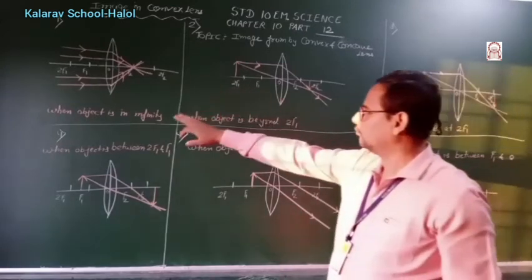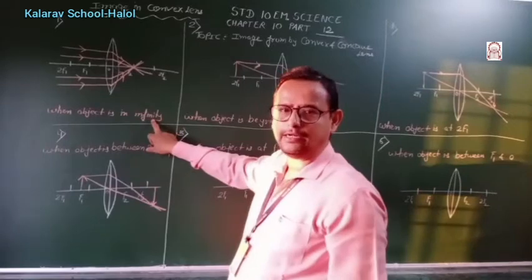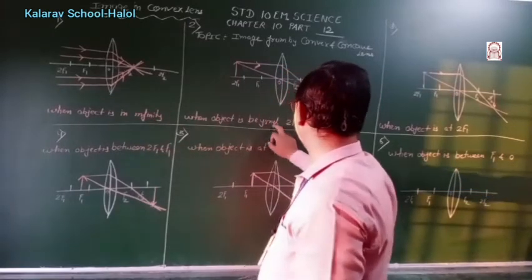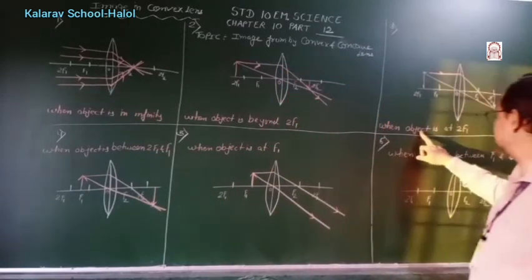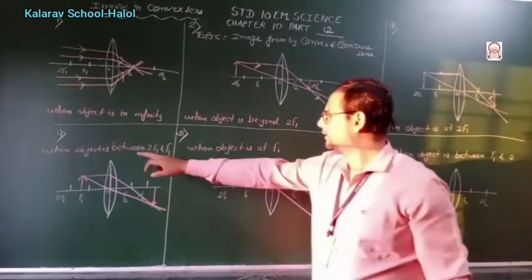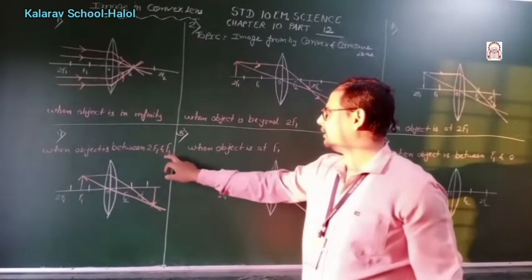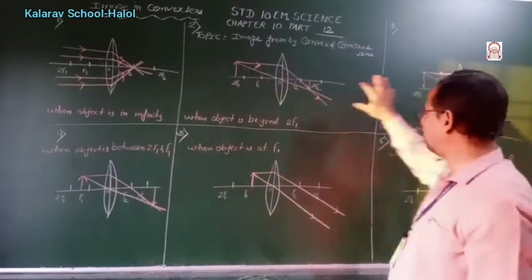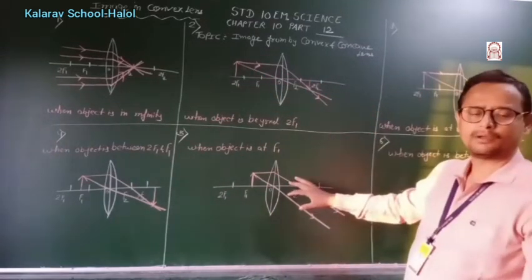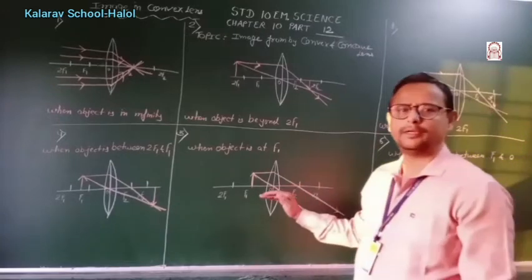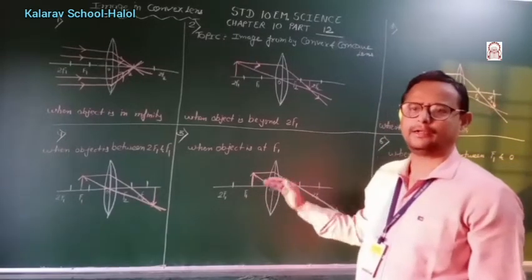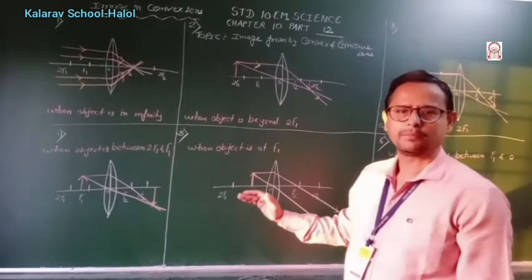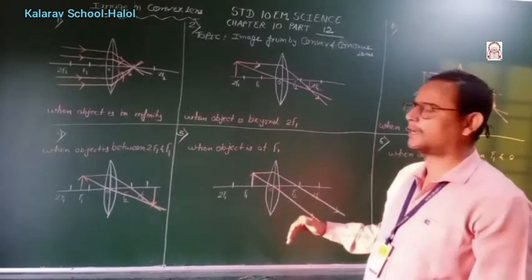So when the object is at infinity, beyond 2f, at 2f1, between 2f1 and f1, and when the object is at f1, in all 5 conditions the image will be real and inverted, वास्तविक होगा और object से उल्टा दिखाई देगा.